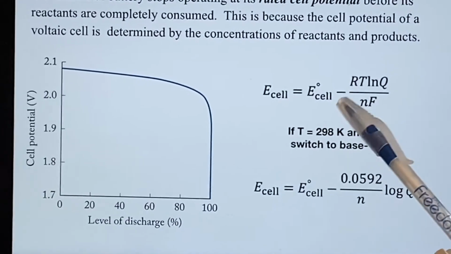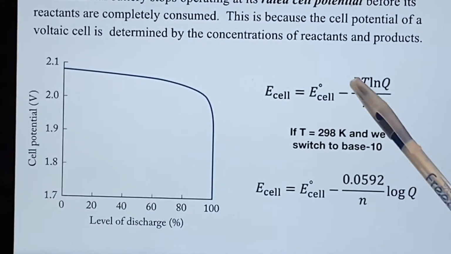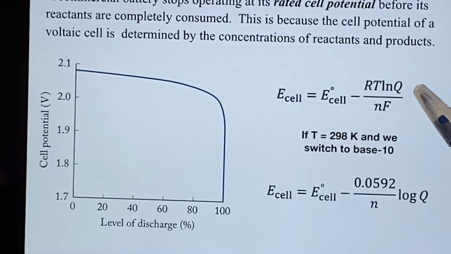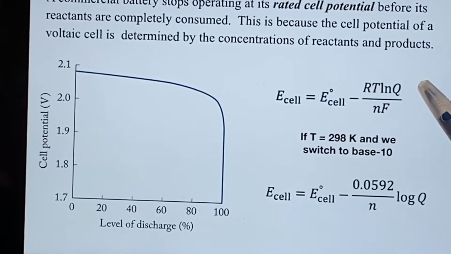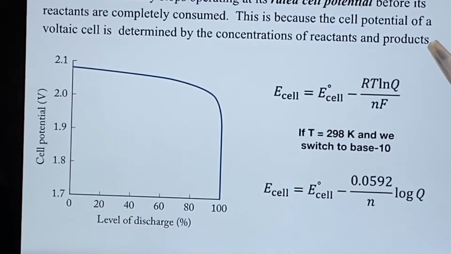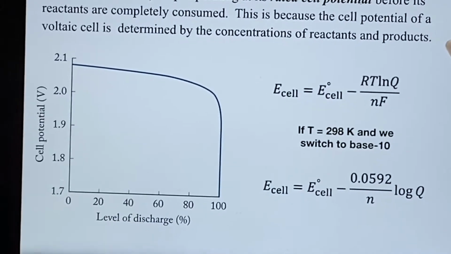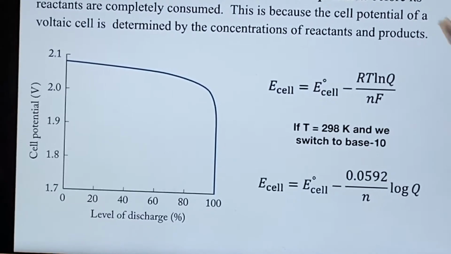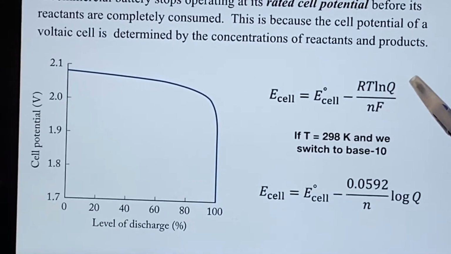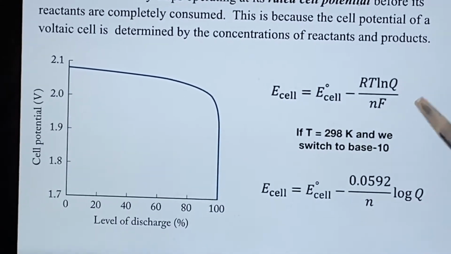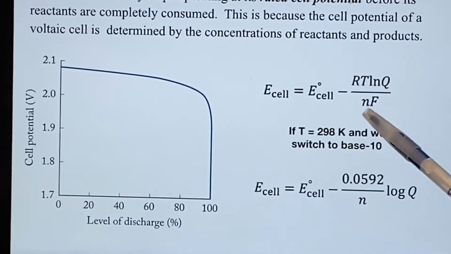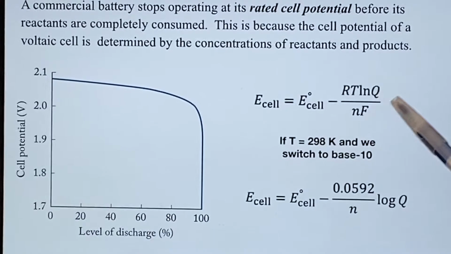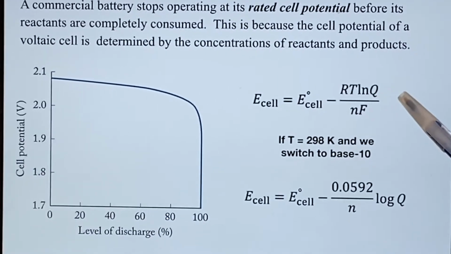Our favorite gas law constant, the temperature, the natural log of Q. Q is back again. Remember, Q is telling you about the actual equilibrium, not K, the equilibrium constant, but the actual number at the time. And then we have our new friends, nF down here. N's an old friend, but F, Faraday's constant, is new to us.